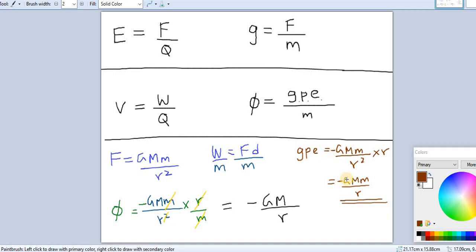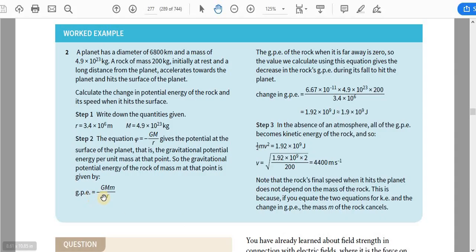Now how come this minus? Because when the rock is coming towards the planet, its gravitational potential energy becomes more and more negative. That's why we put this negative sign. You can see here one of these r cancels with one of these r, then you get GMm over r, which is what we have over here, minus GMm over r. So that's how you get this.